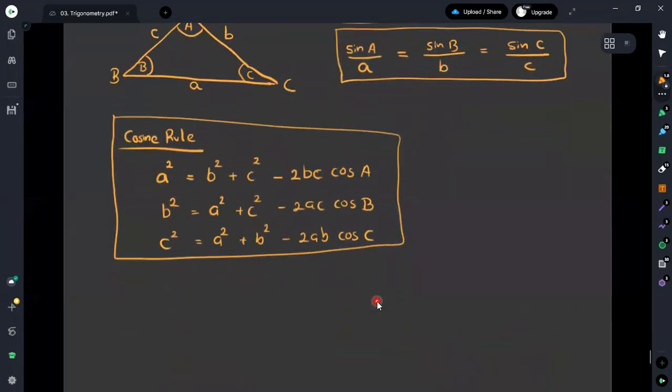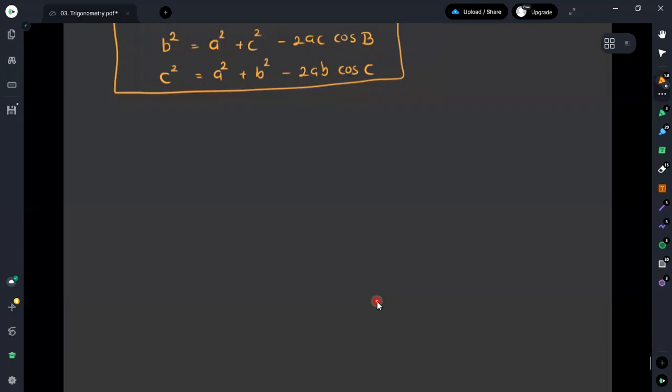When we were discussing the compound angle formula, I stated that sine A plus B is not generally equal to sine A plus sine B. Sine of A plus B is a completely different thing compared with sine A plus sine B. There are some special cases where we can find values for A and B which satisfy the equal sign, but in general sine A plus B is not equal to sine A plus sine B.